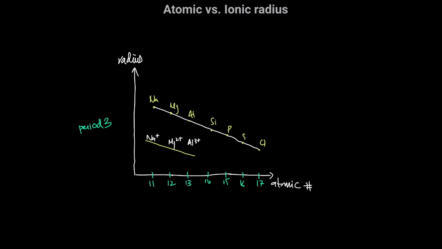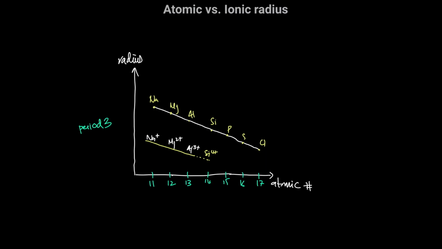And similarly, if you were looking at silicon, as far as the trend is concerned, you can have cations or anions, but the idea is the same. You have Al3 plus, and for silicon I'll show Si4 plus.